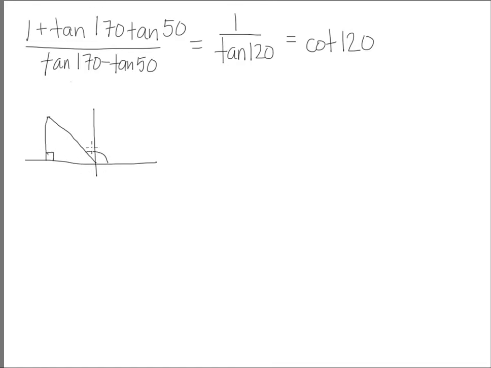So if it's in this quadrant, you drop your line down so that you've got your angle here, and then this, in a different color, is your reference triangle. I always like to label, so this is a 90, right here is 90. This is 30, that means this is 60.